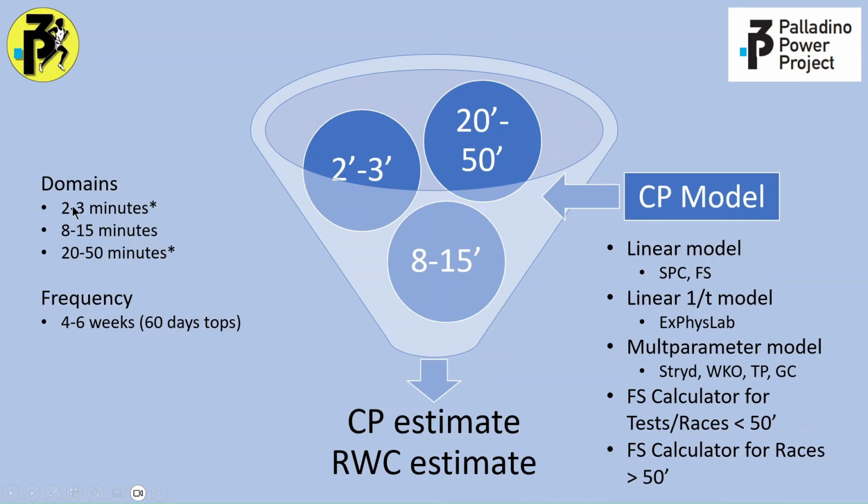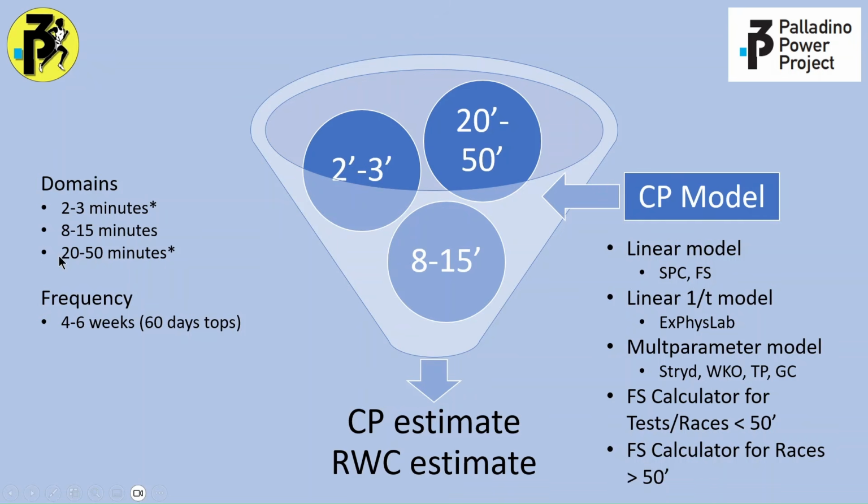Data points from maximum effort tests or races that last less than 2 minutes have less leverage on the model, and there's probably some issue with possibly not depleting reserve work capacity enough. So I recommend not using data points less than 2 minutes. So, the 2 to 3 minute domain.